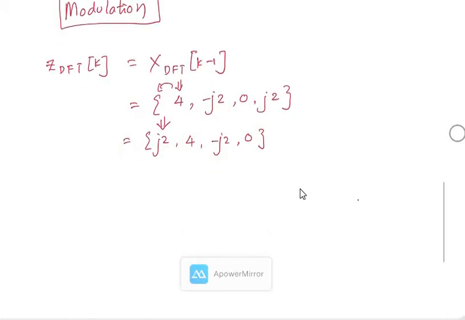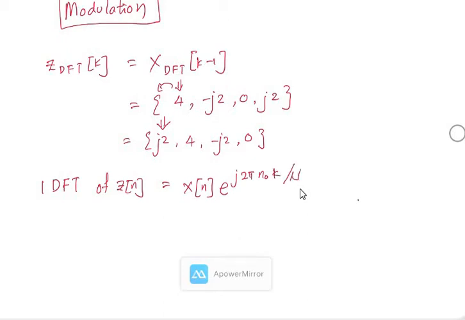And then for the inverse discrete Fourier transform of z[n], we have x[n] exponent negative 2 pi n naught k over N. If we refer to the example, that one is k naught.